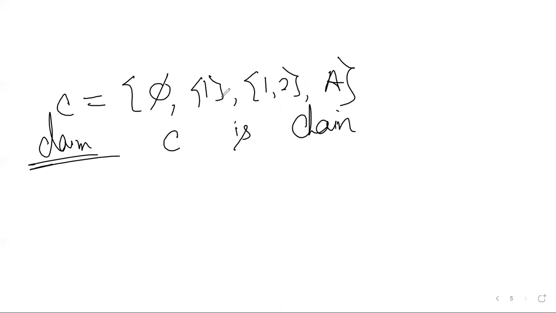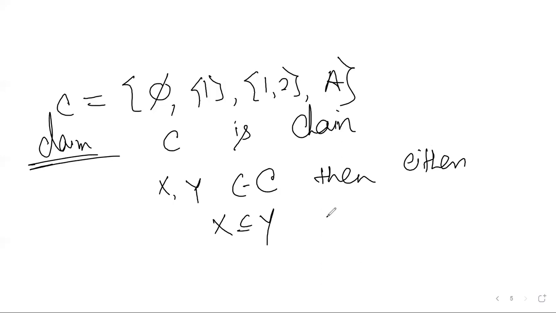First of all, I have to take any two elements. Suppose X and Y I take from C, then either X is a subset of Y or Y is a subset of X. It holds, right? Very much clear from the construction of C. This is the condition that should hold for C to be a chain. So C is a chain.